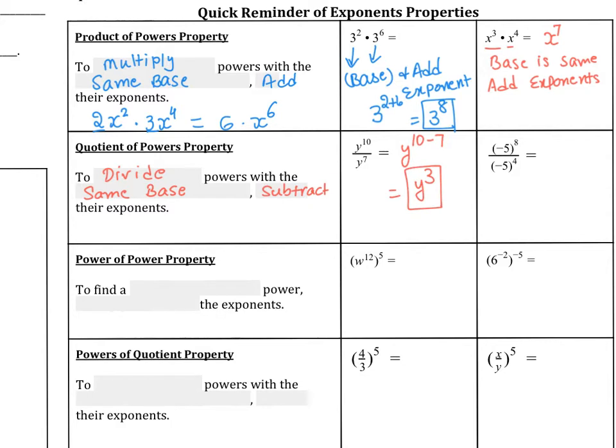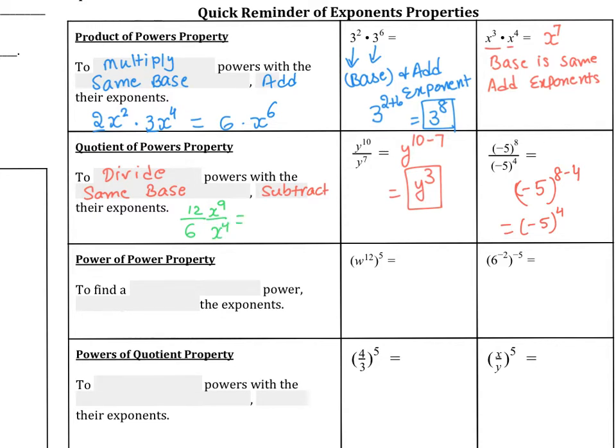Next example is the same. You have negative 5 to the power 8 over negative 5 to the power 4, so it's going to be negative 5 to the power 4. On the quotient property, there could be a problem something like this. You can have 12x to the power 9 over 6x to the power 4.